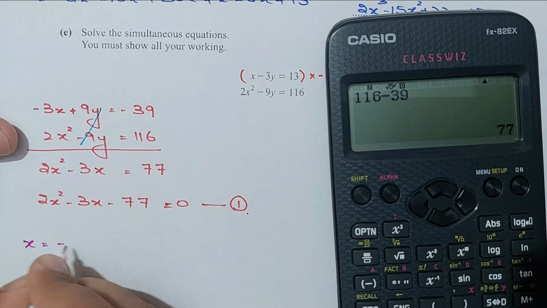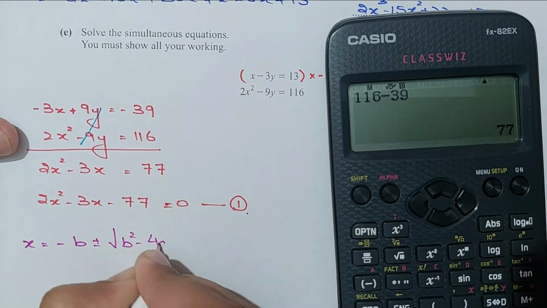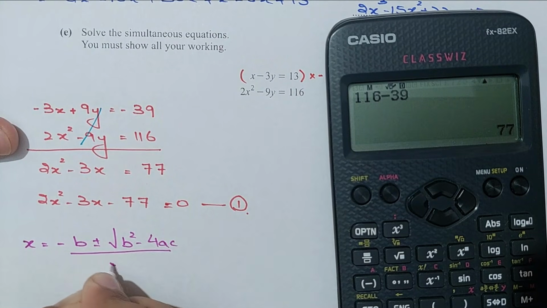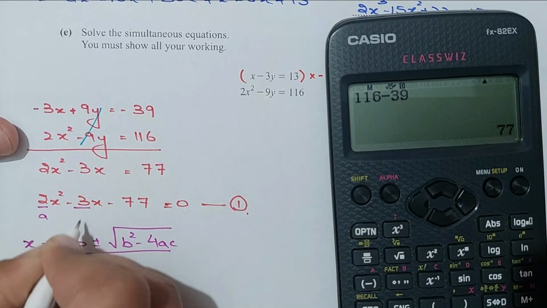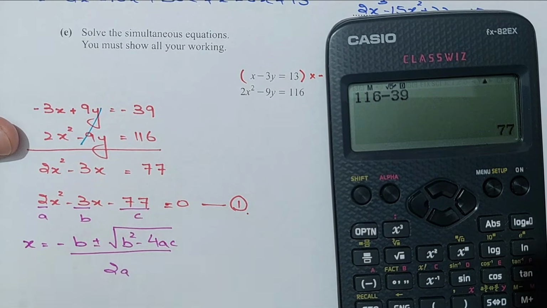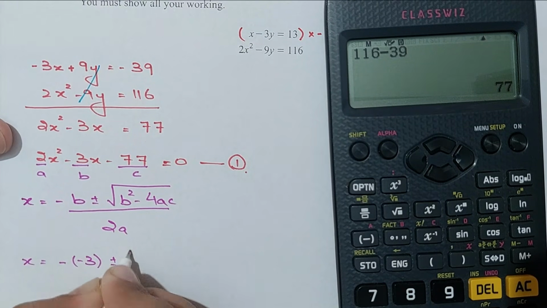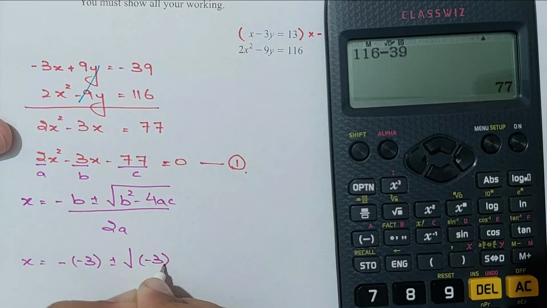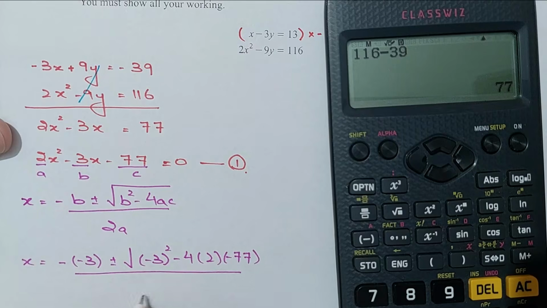x equals negative b plus or minus square root of b squared minus 4ac, divided by 2a. This is my a, this is my b, and this is my c, right? Now x would be equal to negative b plus or minus square root of b squared minus 4 times the a and the c, divided by 2 times a.